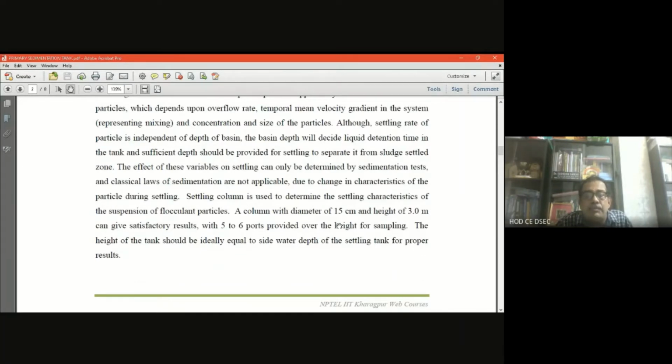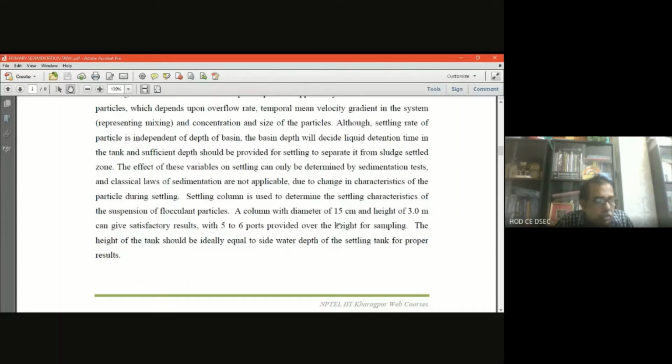Then this concept of the column will be much clearer if we demonstrate one numerical sum on it. Generally, for the study of the settling column considered in the design of the primary sedimentation tank, that is the PST, the column diameter is 15 centimeter and the height of the column is 3 meter. We experimentally found that it gives satisfactory results.